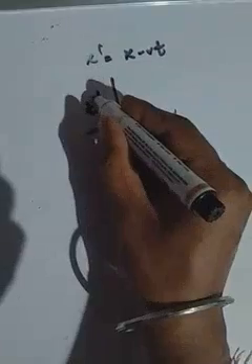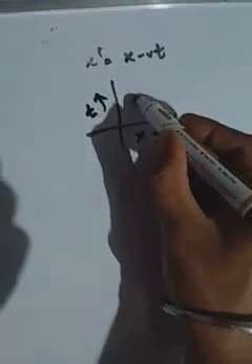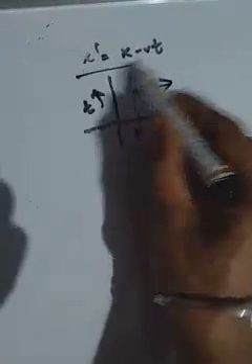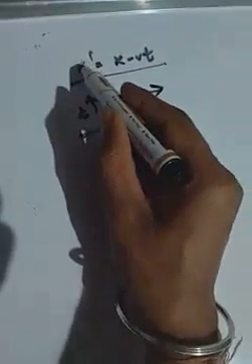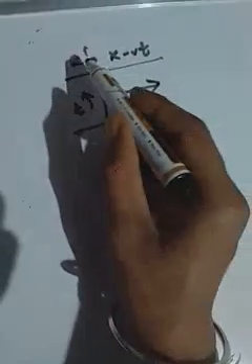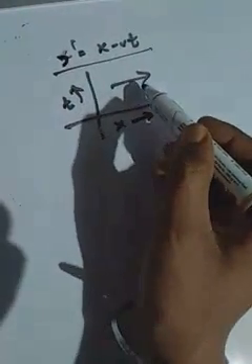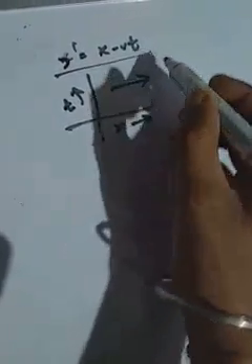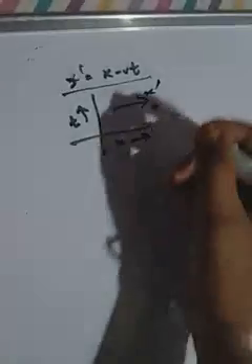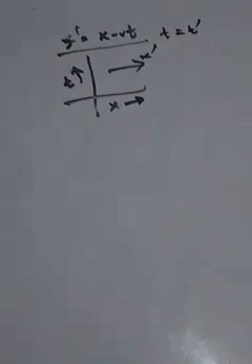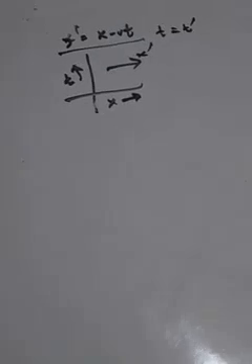Then if a particle moves along this direction, the Galilean transformation gives you the coordinate of the particle in the particle frame, x dash. And the time remains the same, time equals time dash.